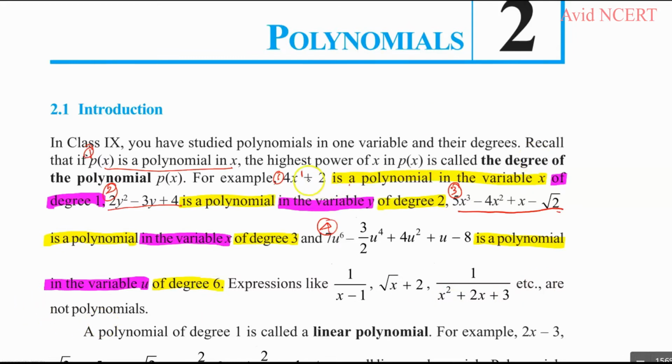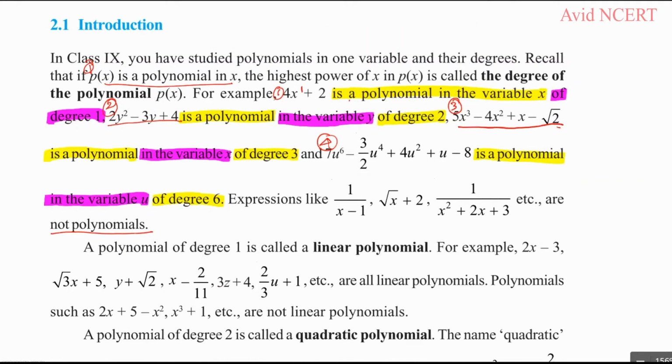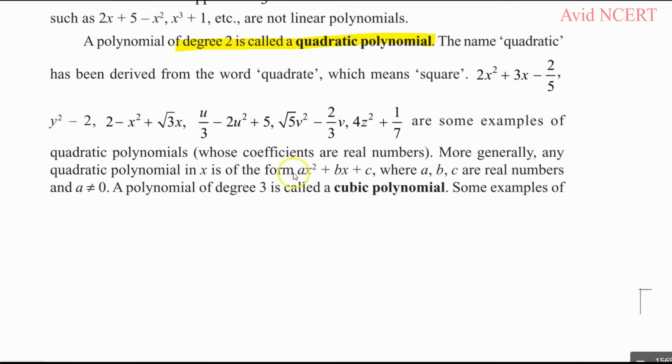And if we check here, when x is of power 1, then it is said to be a linear polynomial. If x is of power 2, then it is quadratic polynomial, and x is of 3, then it is known as cubic polynomial. A polynomial of degree 3 is called cubic polynomial.